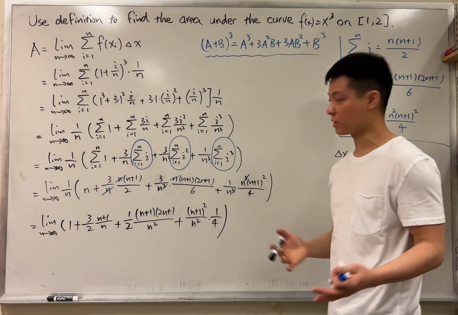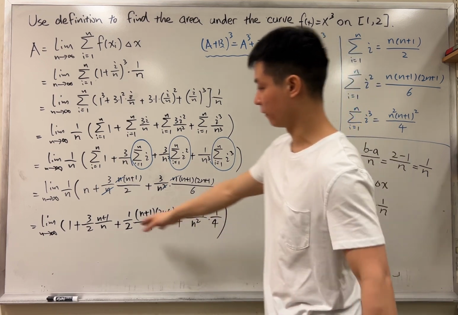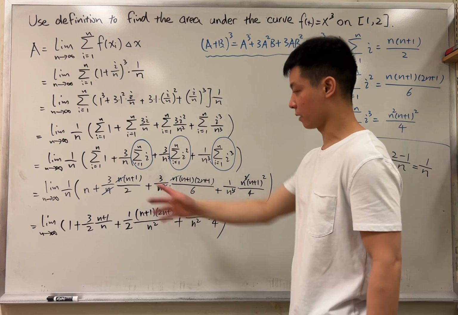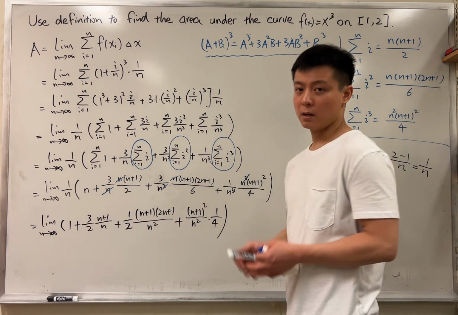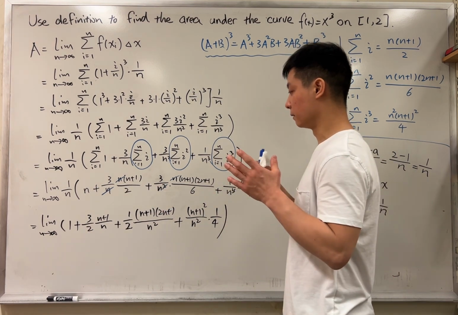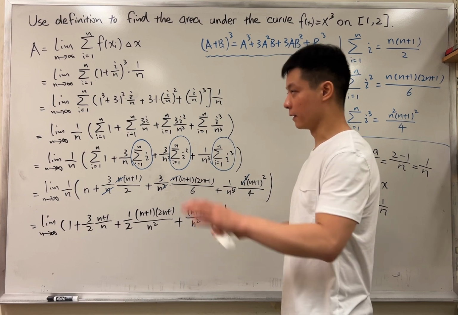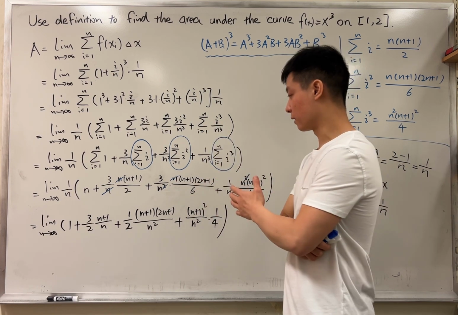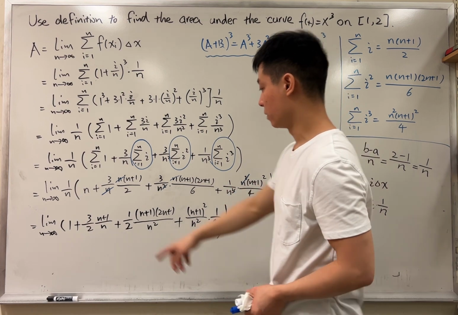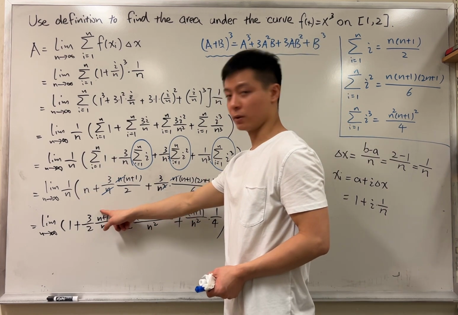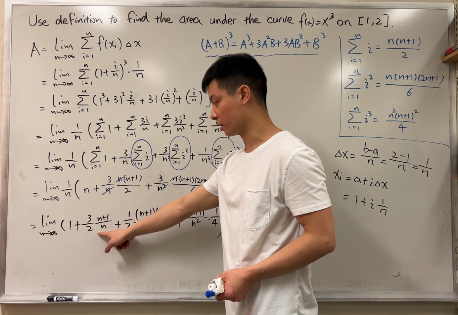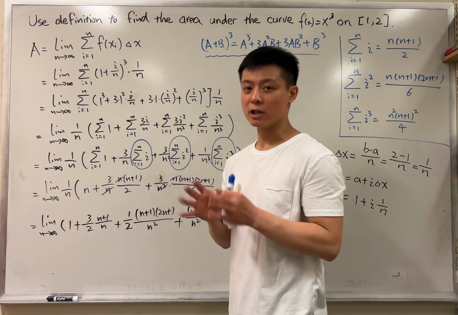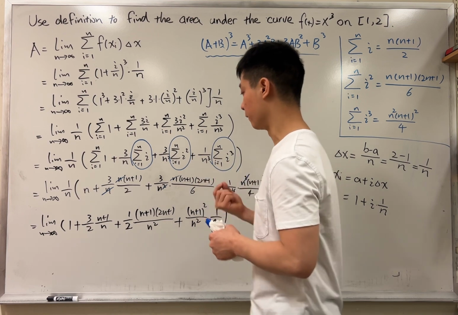Almost done. You just evaluate the limit of each of the terms as n goes to infinity. We know very well about the limit of a rational form as n goes to infinity. If the power of the numerator is the same as the power in the denominator, then the limit is just the ratio of their leading coefficients.